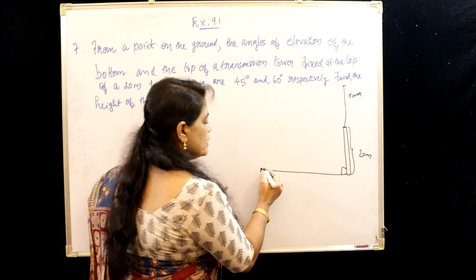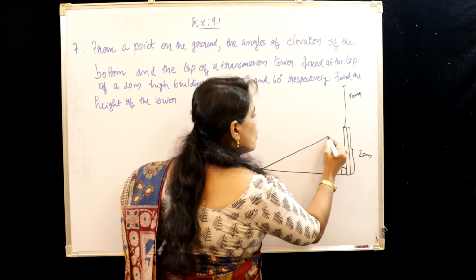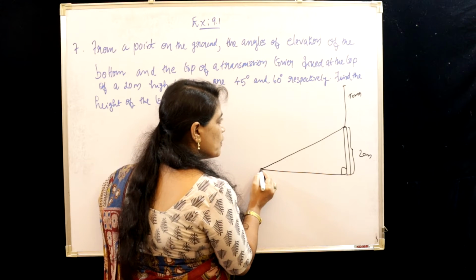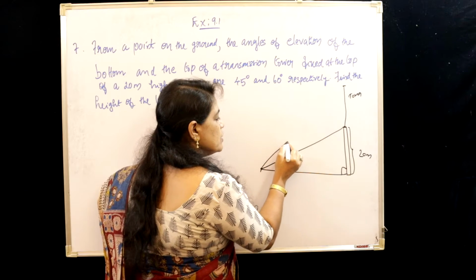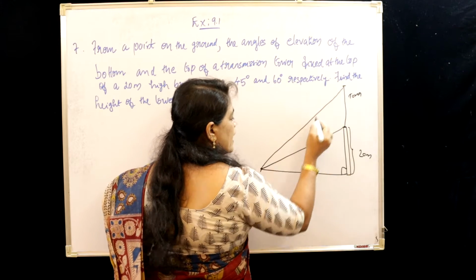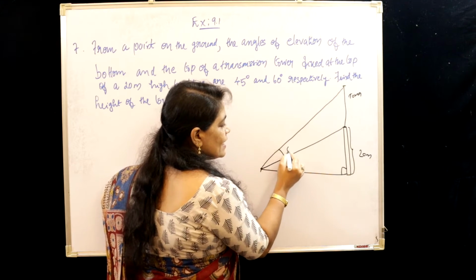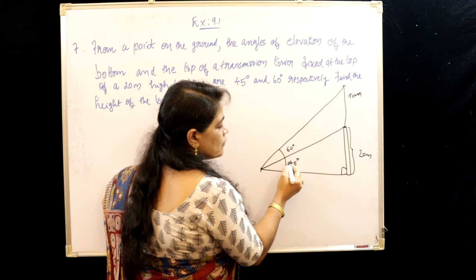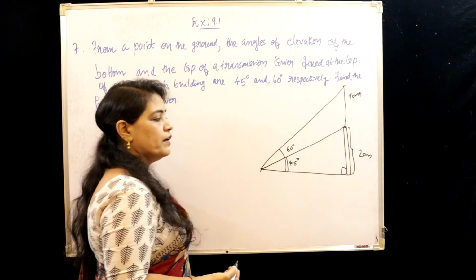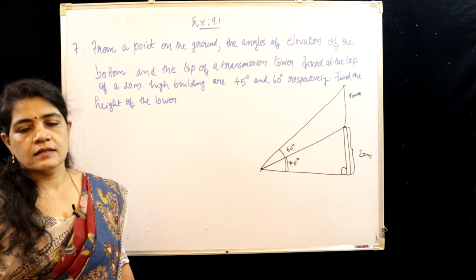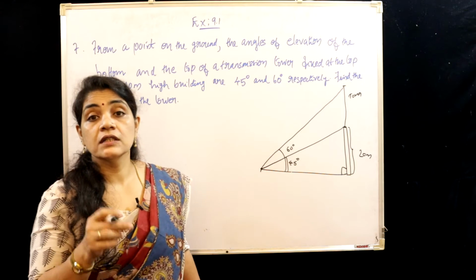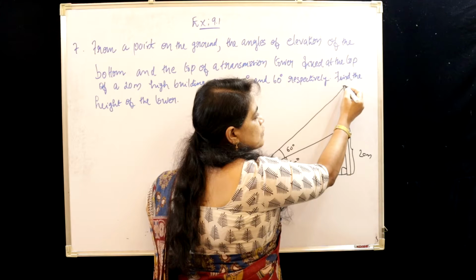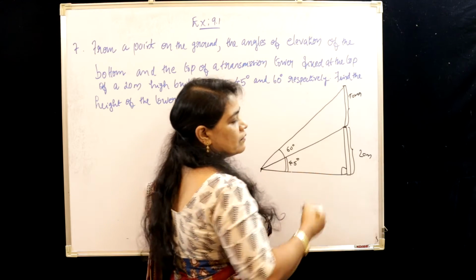So from this point the angle of elevation to the top of the tower is 60°, and to the bottom at this point the angle of elevation is 45°. And what is asked? What will be the height of the tower? That means here we need to find out the height of the tower. This is the height of the tower.